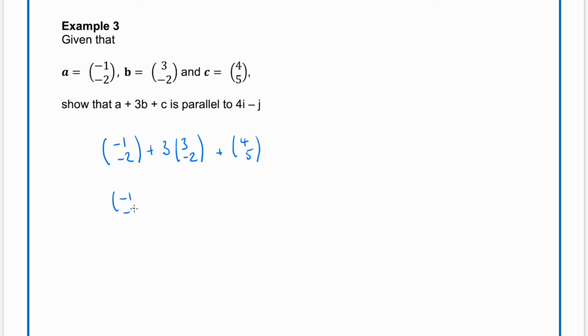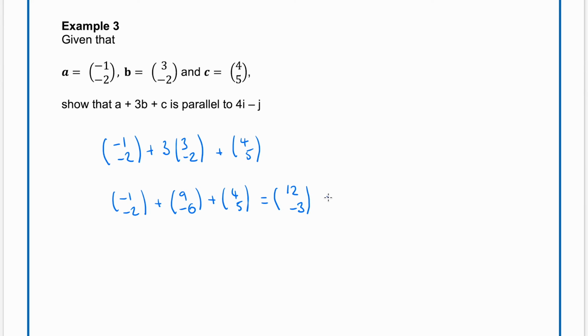So I'll begin by working this out. Minus 1 and minus 2, plus 9 and minus 6, plus 4 and 5. We can work out the negative 1, add the 9, add the 4 in the i direction, which is 12, and in the j direction, negative 2 take away 6, add 5 is minus 3.